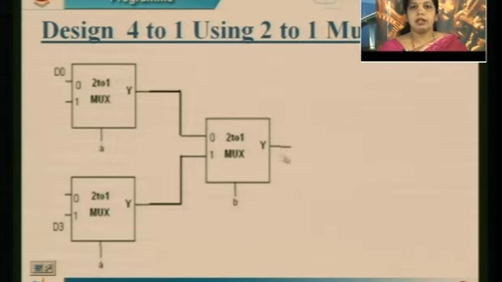At a time I should get a single output using 2:1 plus, at the output side, one more 2:1 mux. So we are going to discuss this design in the next session, using 2:1 multiplexers to get the design of 4:1.